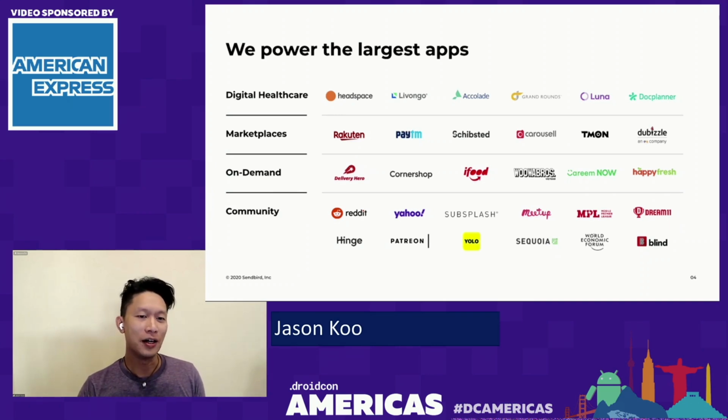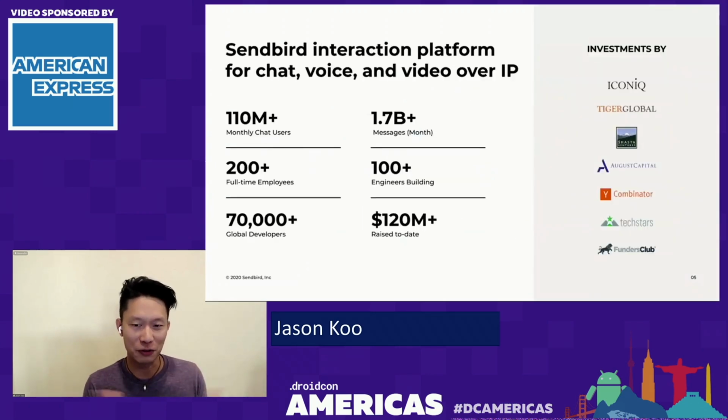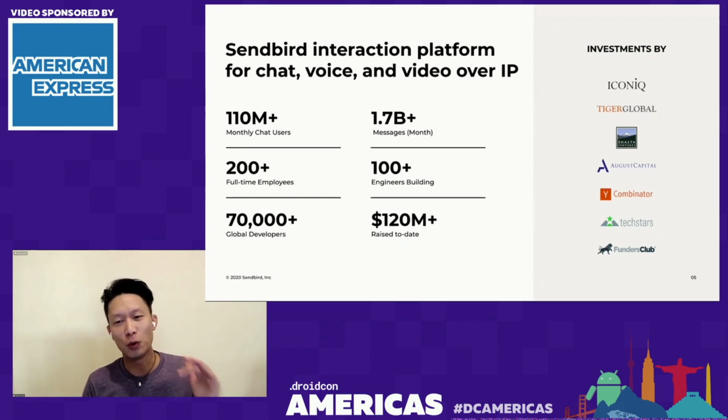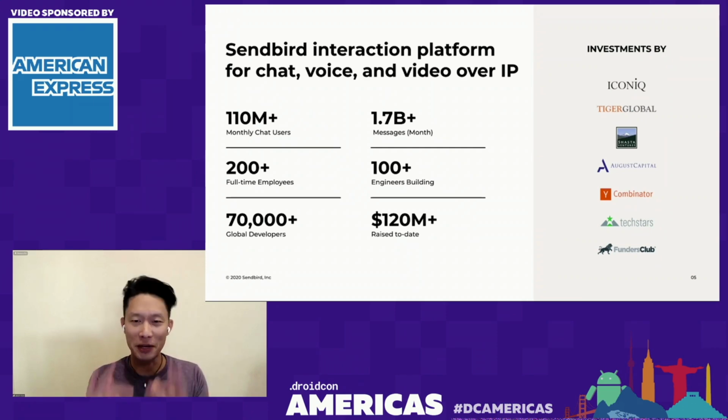Our numbers are honestly very amazing. We send close to 2 billion messages a month. We have 110 million users that use our platform inside our client applications. We have more than 100 engineers in-house that are constantly creating, maintaining, and enhancing our applications. On top of them, we have more than 70,000 client developers building applications on top of our APIs.